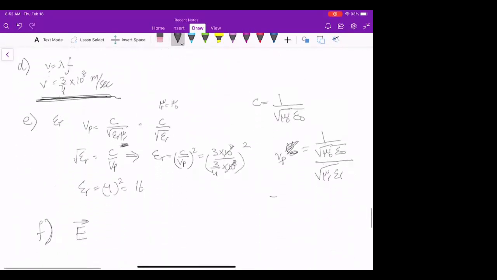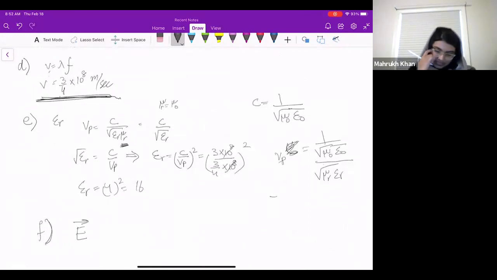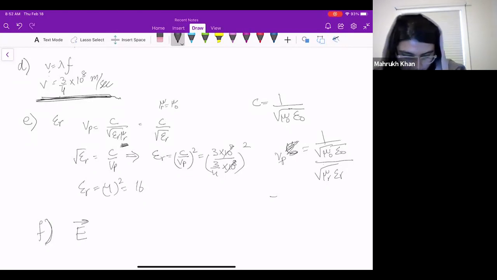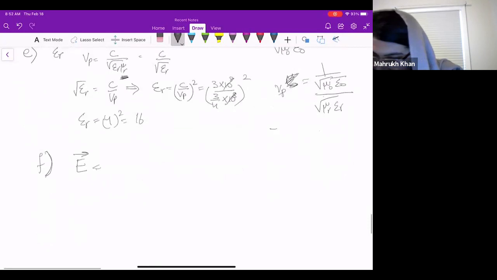Okay. So F part is determine the corresponding phasor. So what you need to tell me is that this is our x, y, z, and t.